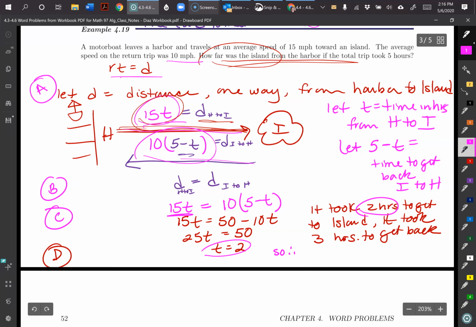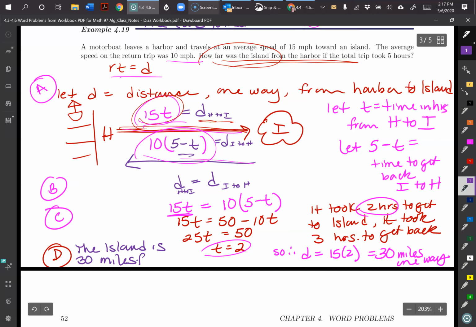So therefore, distance equals 15 times the 2, 30 miles one way. So that's my answer. I'm going to write down here. The island is 30 miles from the harbor.